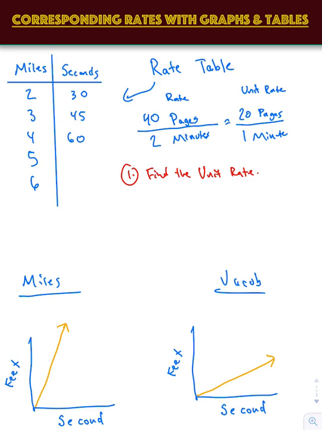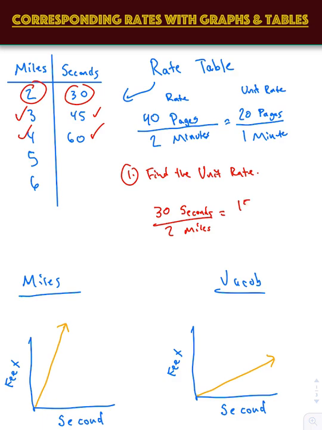So in this case, I can take any of my numbers. I have 30 seconds per 2 miles, or 45 seconds per 3, or 60 per 4. I'm just going to divide my seconds and my miles. Let's just do the most simple numbers, 30 seconds per 2 miles.